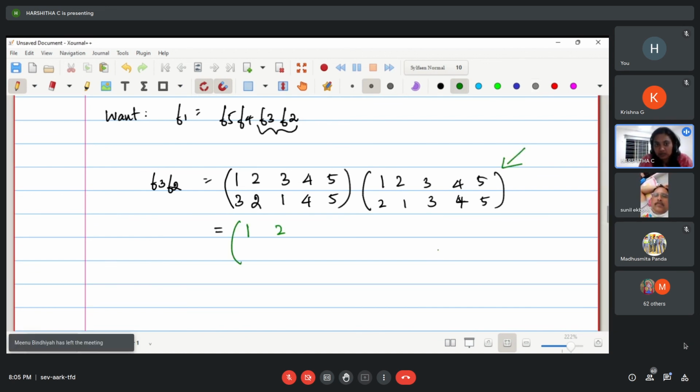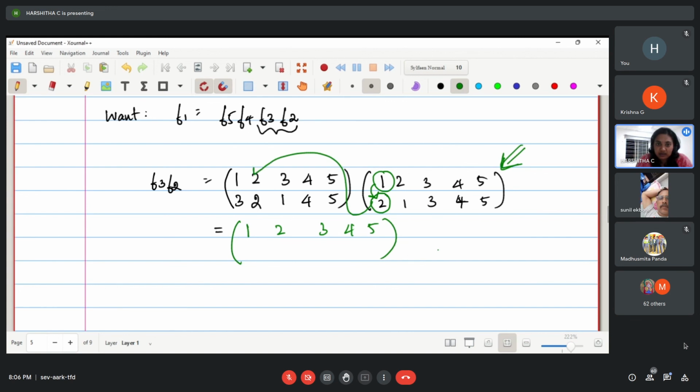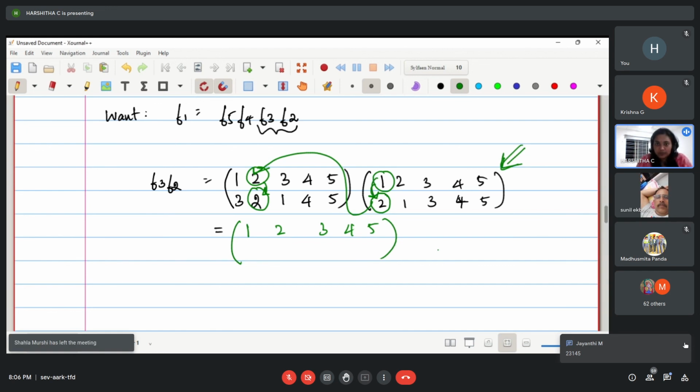So we want to know the image of 1 under the product. So you first look at the right side function. You take 1, you look at the image of 1 under this F2. So where is it going? To 2. Now you look at 2 here and see where it is going. So finally what is happening? F2 is sending 1 to 2, F3 is sending 2 to 2. So you just follow this arrow, you're sending 1 to 2 eventually, right?